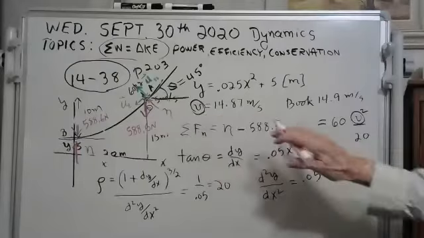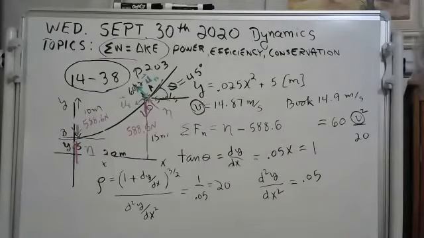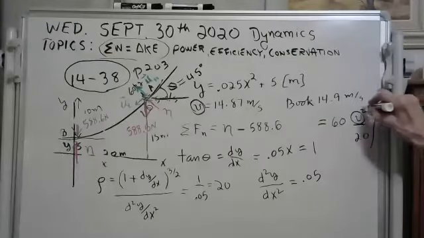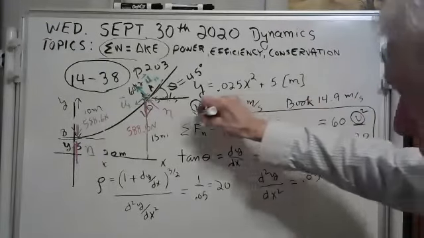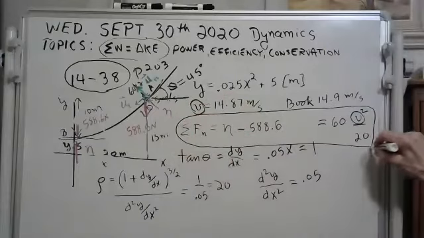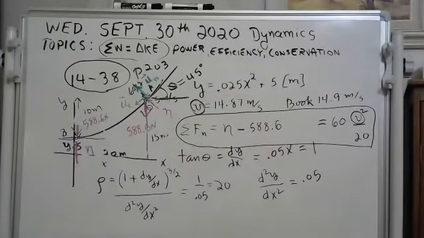Down there, it's 14.87. Okay, we're going to solve this equation now, and we're going to get our normal force. Go ahead. I'll shut up and let you guys do that, and then we'll check it.